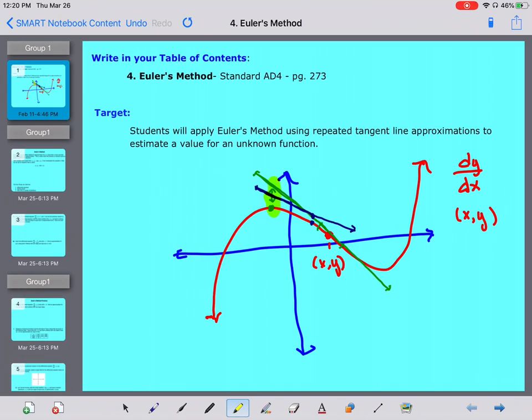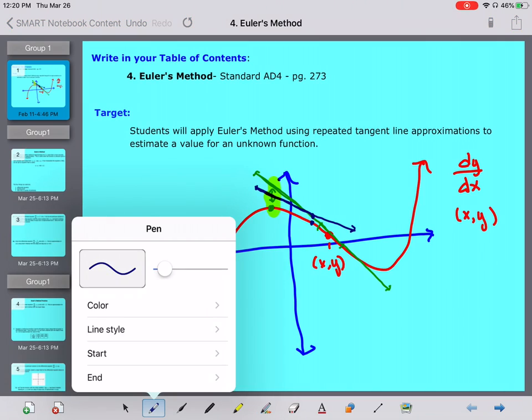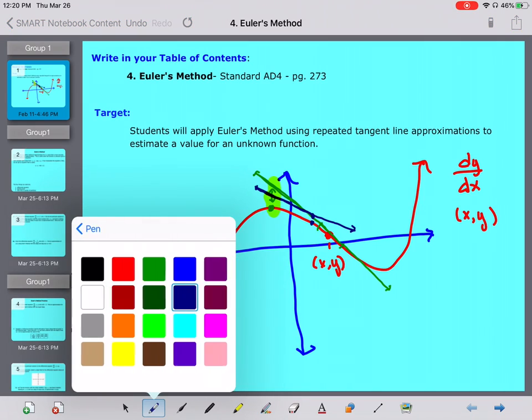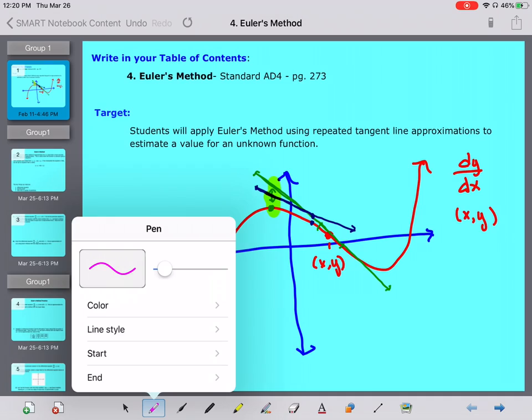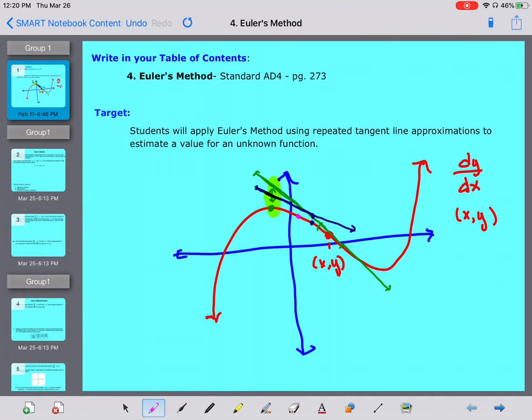So he said if we keep reevaluating this and do multiple tangent lines, so I'm going to choose a different color, let's say now we use the blue tangent line to approximate that value. We get another parallel tangent line. And we can see that we're getting closer and closer.